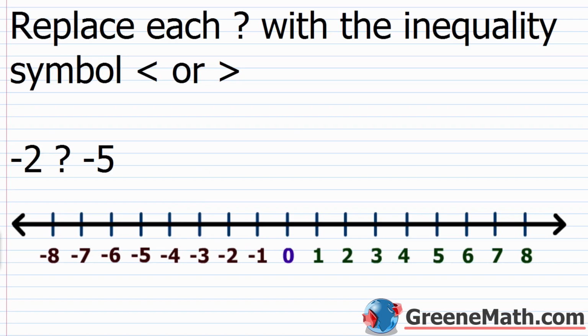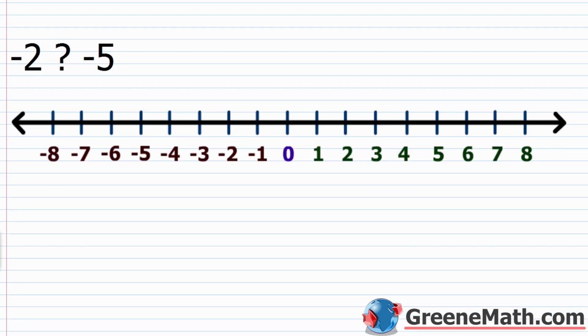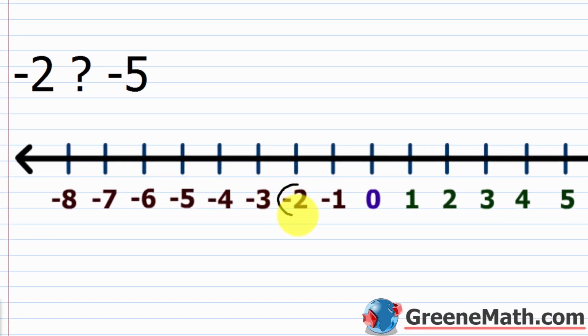All right, let's look at a quick exercise here. We want to replace each question mark with the inequality symbol less than or greater than. So we're going to start out with negative 2 question mark negative 5. So what's the relationship between these two numbers? Negative 2 is here on the number line. Negative 5 is here. Again, negative 5 is to the left of negative 2, so it's a smaller number. Remember, I told you that the symbol points to the smaller number.